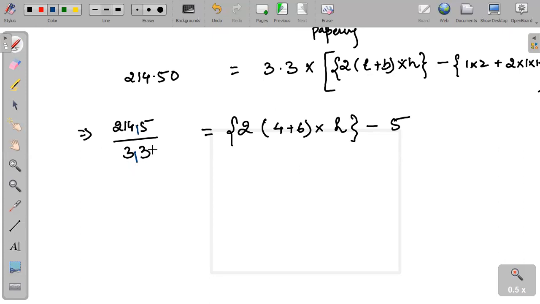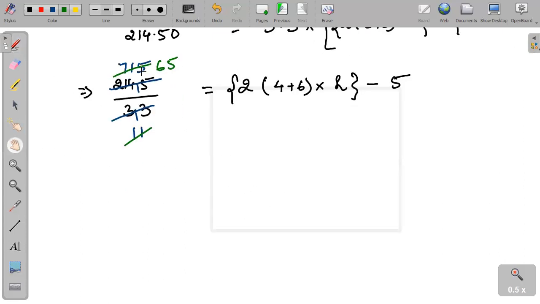Then there is going to be 11, 3 11s, and from here we are going to get 715. And then we are going to have 65. 11 6s are 66, remainder will be 5, and 11 5s are 55, and we get 60.